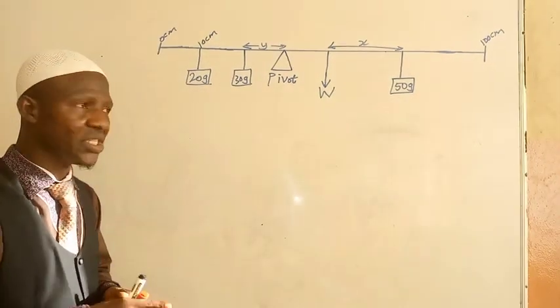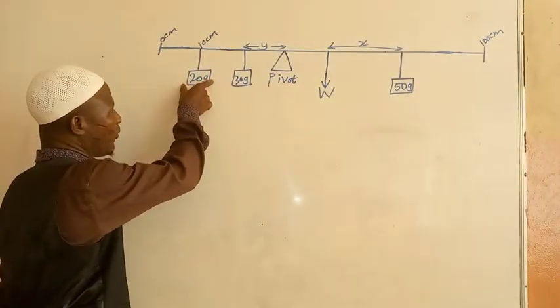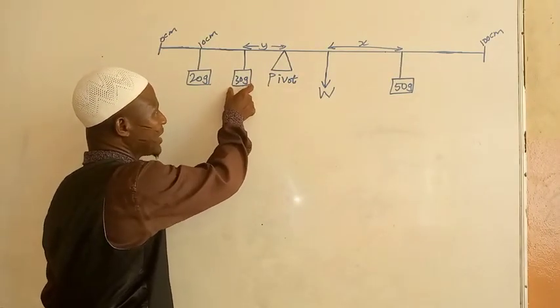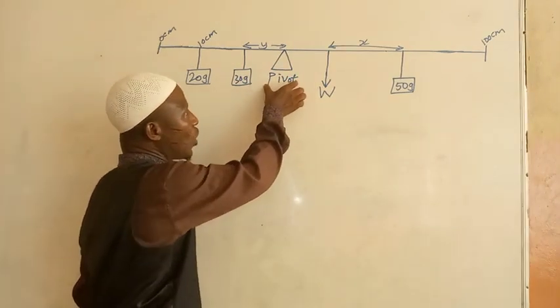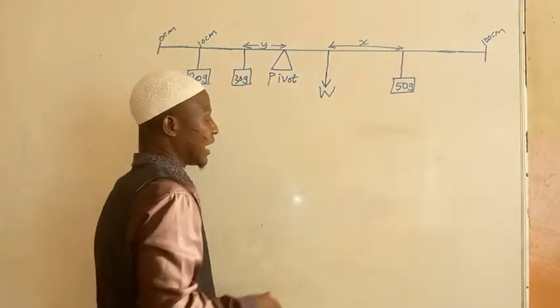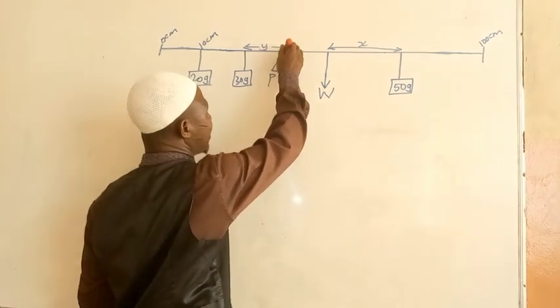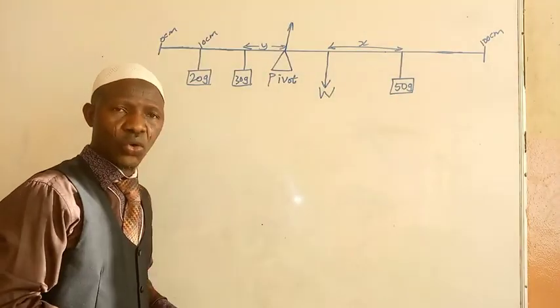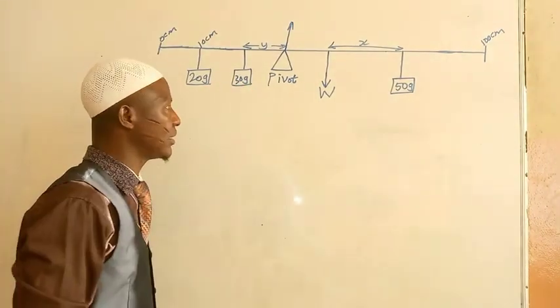4 downward forces. We have one downward force here, 20 grams. Another downward force, 30 grams. This is the upward force, that is the reaction on the knife edge, though according to the question we don't need that.